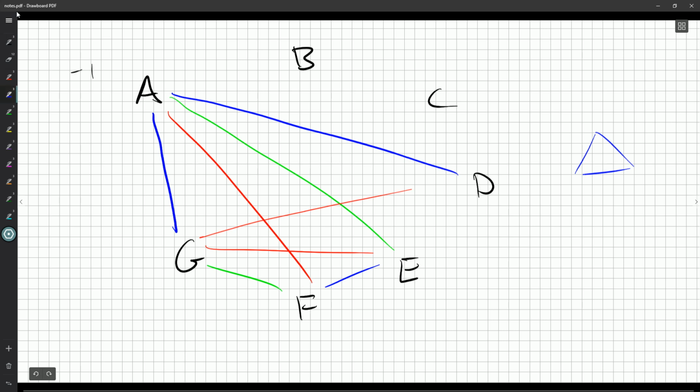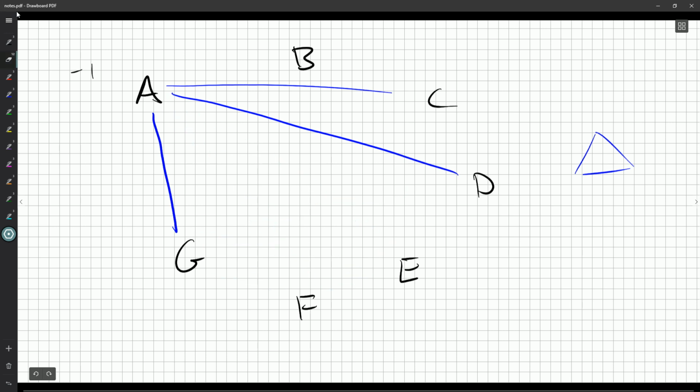Right? If I see 3 of the same color, then if we just clear up a little bit of this clutter here. So if I see 3 of the same color, then that's 1, 2, 3 triangles that wouldn't work.